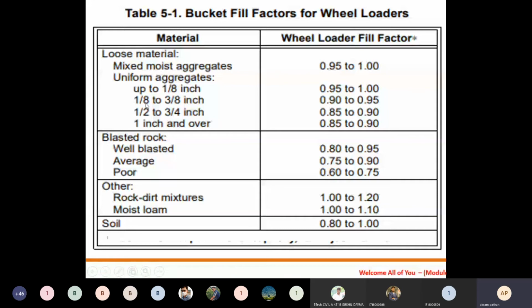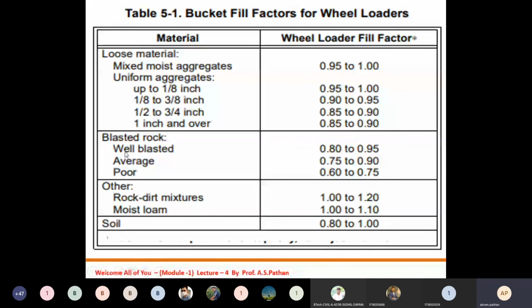If the uniform aggregate is the size 1 by 8 to 3 by 8 inches, then the load factor is in between 0.90 to 0.95, and if the aggregate size is half to 3 by 4th inch, then we have to consider the load factor 0.85 to 0.90, and in case of 1 inch and over, the load factor is 0.85 to 0.90.